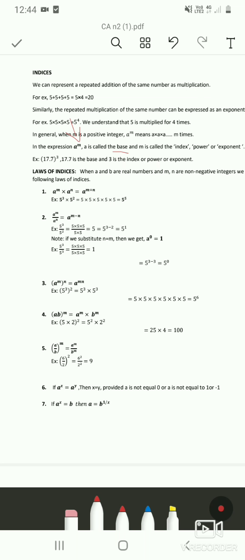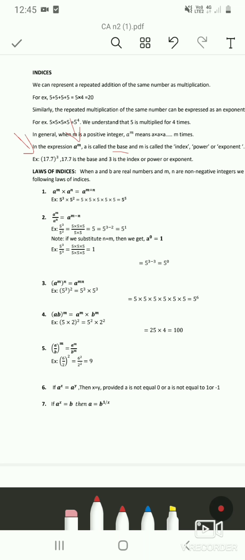You can read it as a raised to the power m. In the example over here, 17.7 whole raised to 3, 17.7 is the base and 3 is the index or power or exponent.